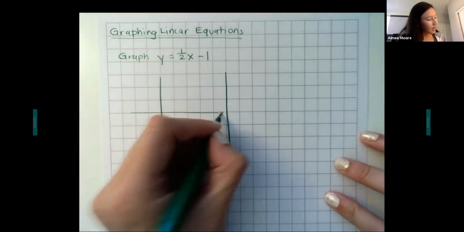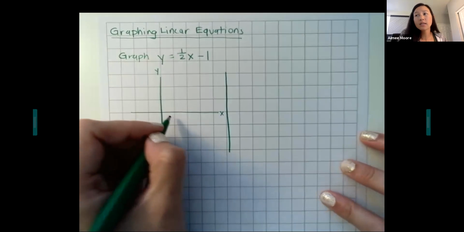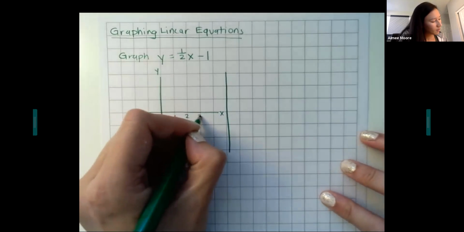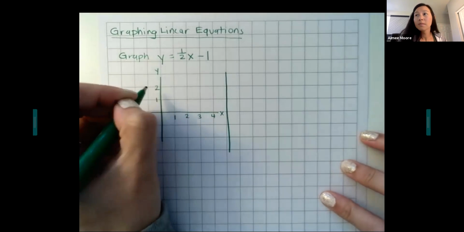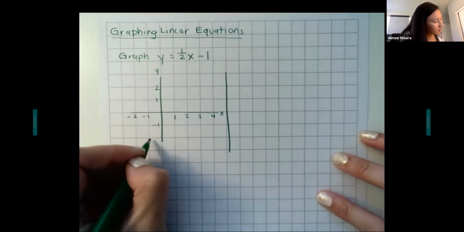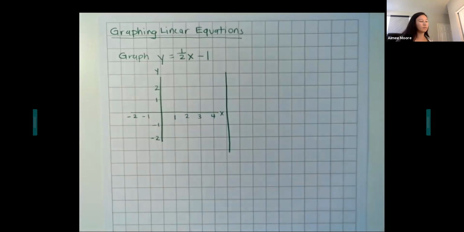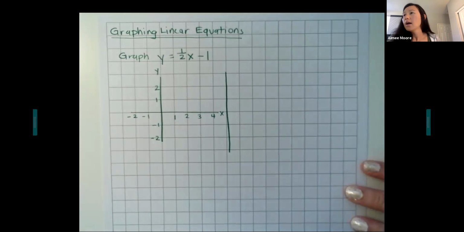So we have our x-axis, we have our y-axis. Okay, do you guys have a graph?